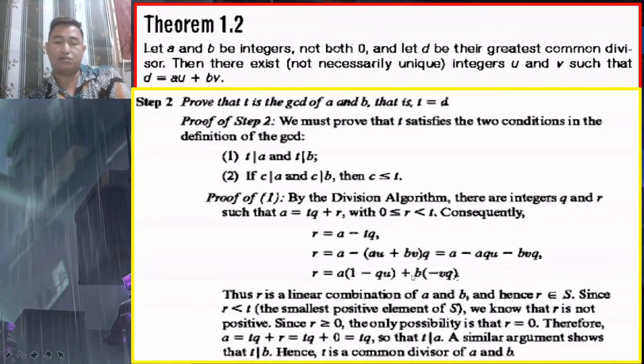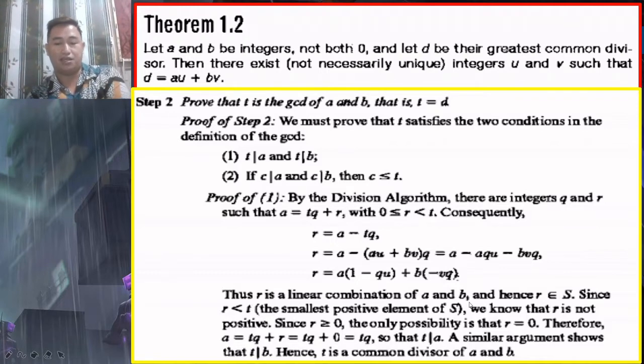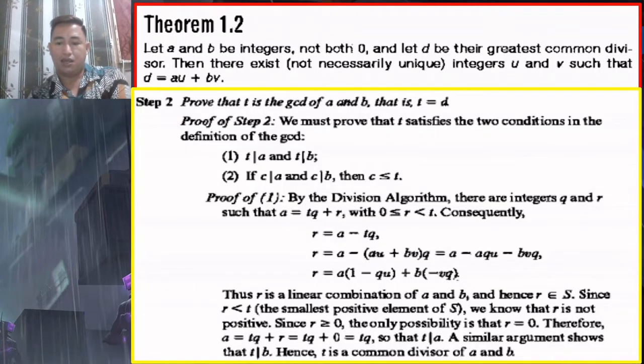Tama no? Okay. So, R is equal to A times something plus B times something. Thus, si R class is a linear combination of A and B. Hence, R is an element in S.